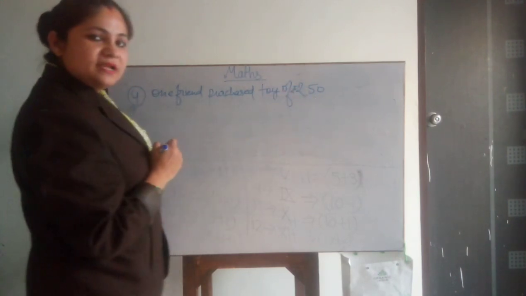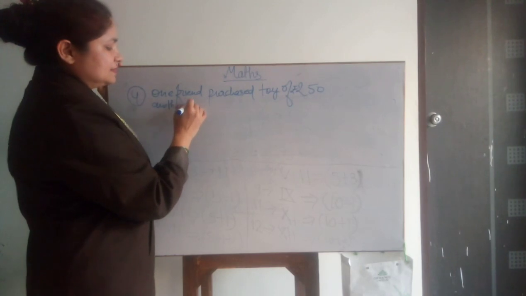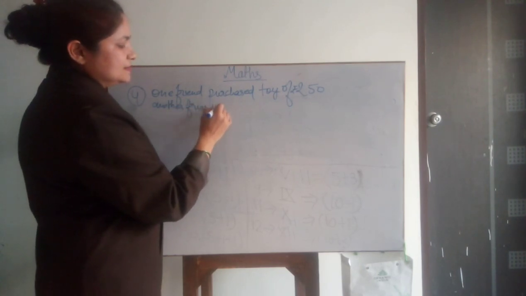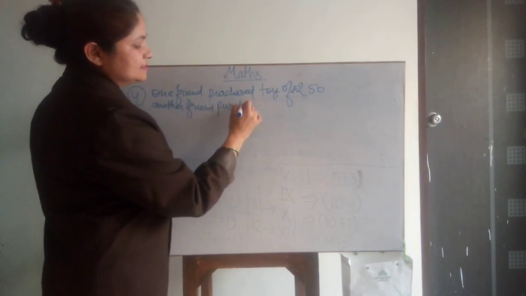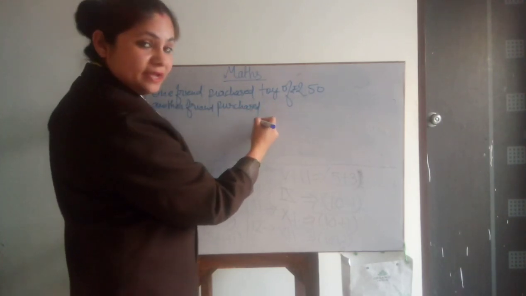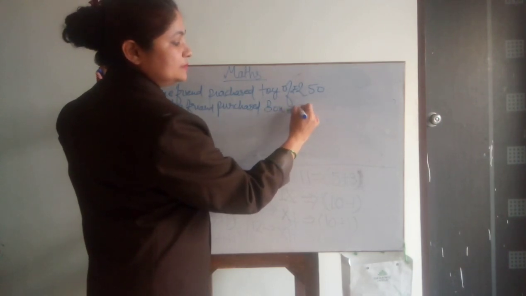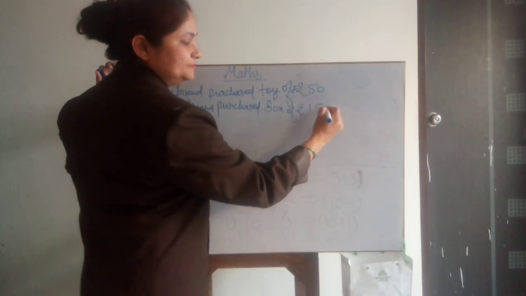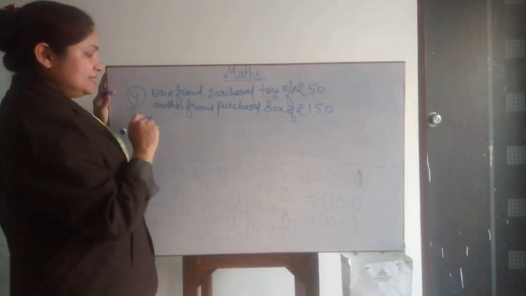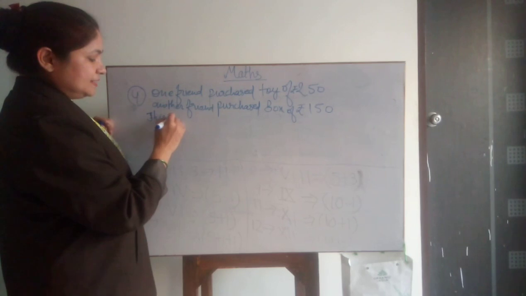And another friend purchased a box of rupees 150. And the third friend, they were three, na?